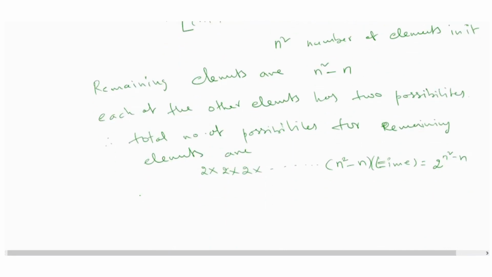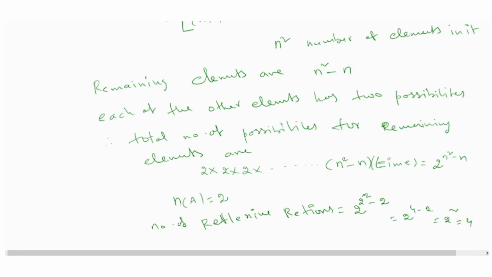Suppose n of A is equal to 2. Therefore the number of reflexive relations is equal to 2 power 2 square minus 2, which means 2 power 4 minus 2. 2 square is nothing but 4.